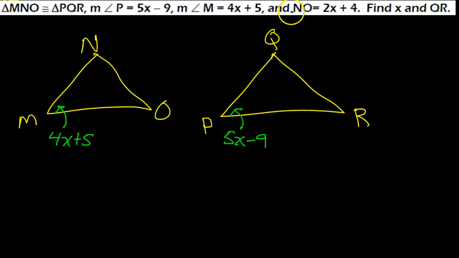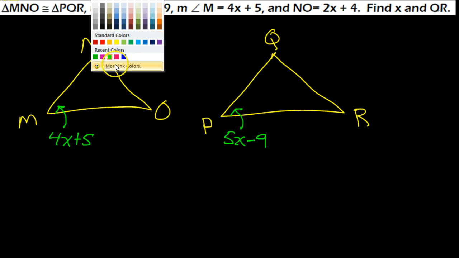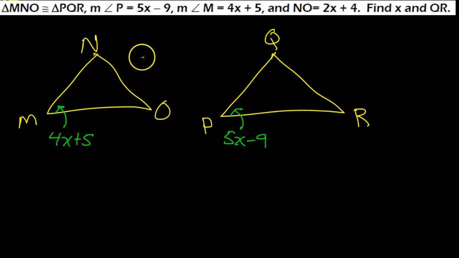And furthermore, segment NO, or the distance between N and O, is 2x plus 4. Okay, so this will be 2x plus 4, right there. Now we're supposed to find x and find QR.